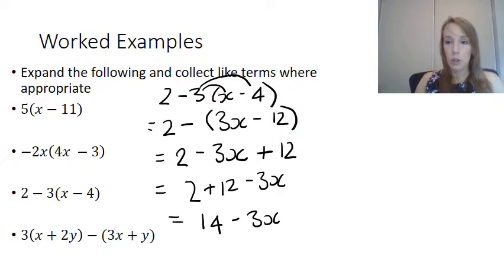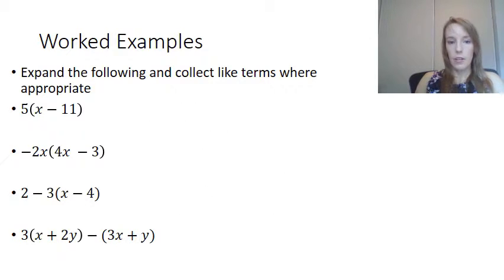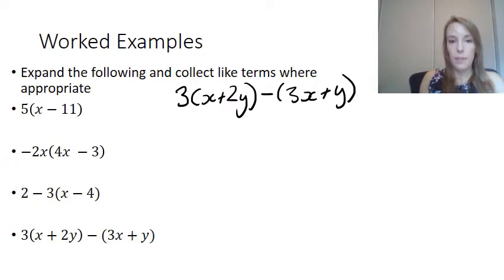And now I'm going to clear the screen again, and we're going to have a go at another one, which is again a little bit more complex. So our last example here, we've got 3 lots of x plus 2y, subtract 3 lots of x plus y. Now we're going to expand this first bracket first.